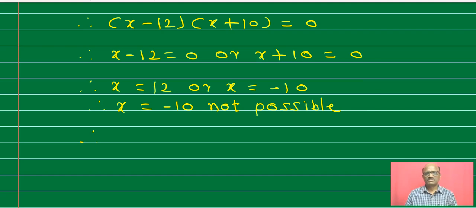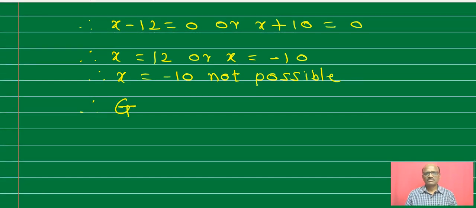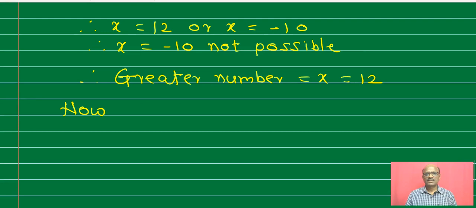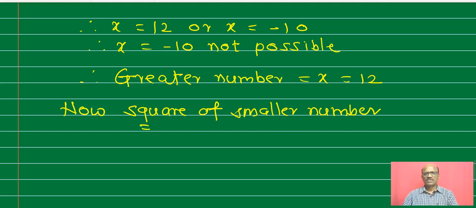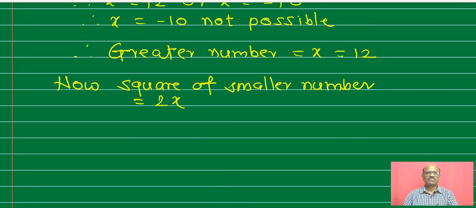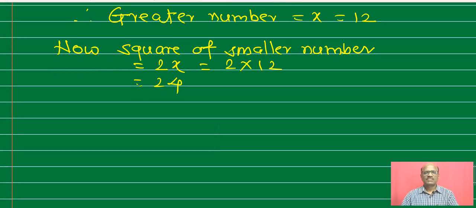Therefore, the greater number is x equal to 12. Now the square of the smaller number is equal to 2x, that is 2 into 12, that is 24.